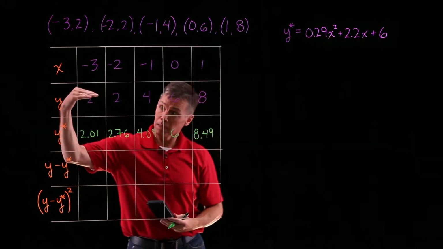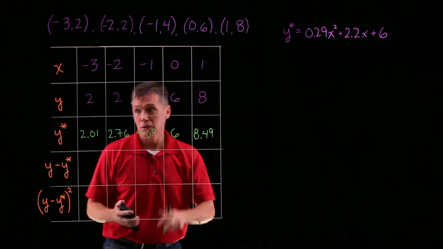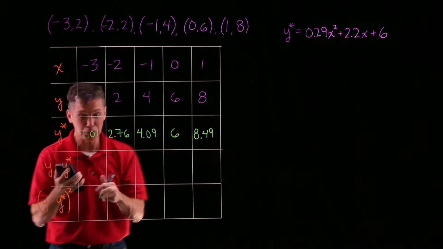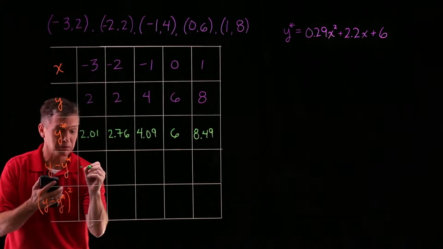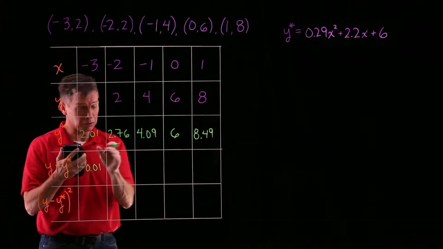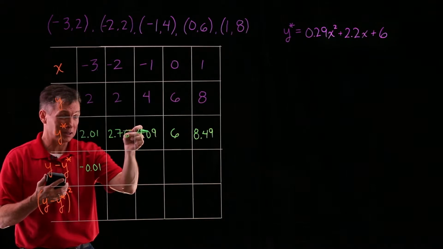Now in the next row, we're looking to subtract y minus y star. So in our table, this second row minus the third row. So 2 take away 2.01. Have your calculator handy if you want. I might try to do some of them in my head, and I might have to write a little bit small to squeeze these in, but I'm just subtracting this purple minus that green, right?